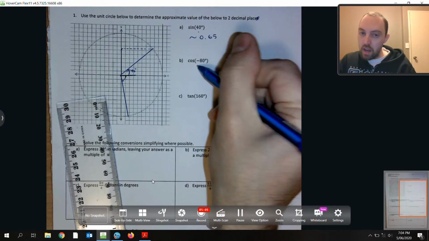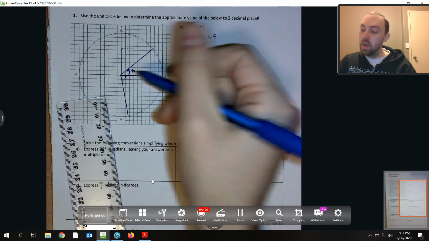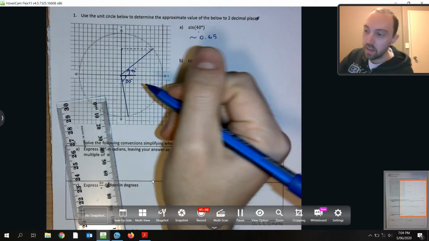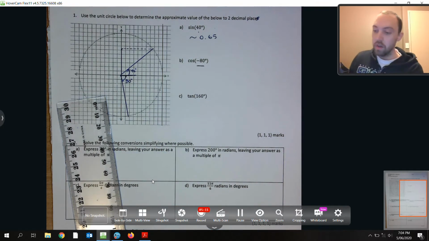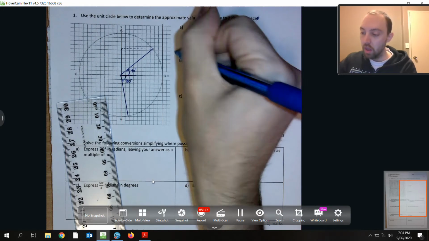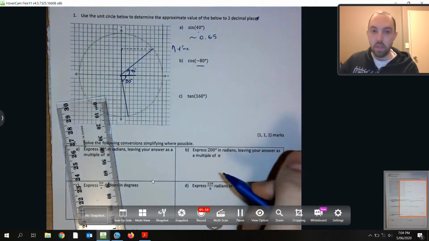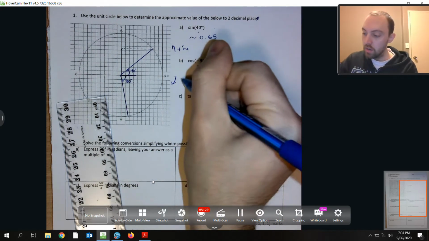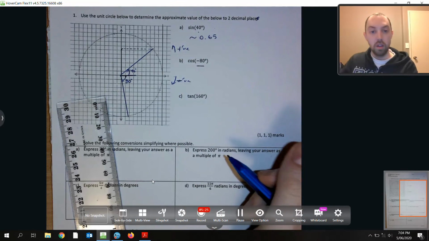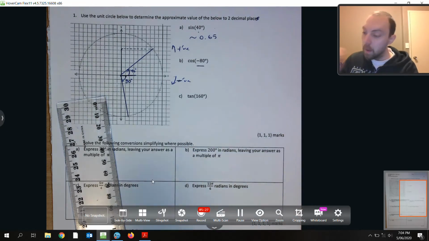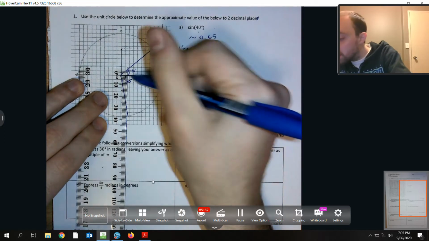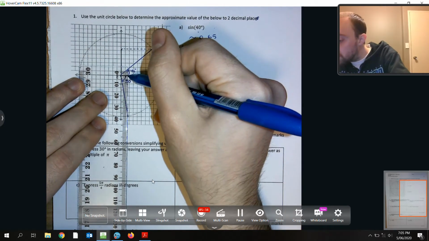If it is negative 80 here, we're going anti-clockwise 80 degrees. Oh, sorry, clockwise 80 degrees. Anti-clockwise is the direction that we normally go. Positive is that direction, negative is clockwise. Alright, so we need to tell the x distance here.